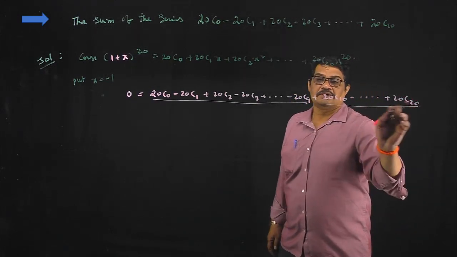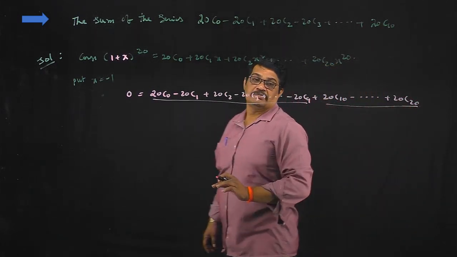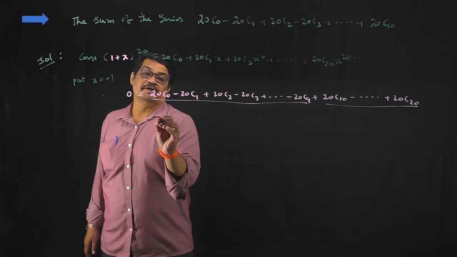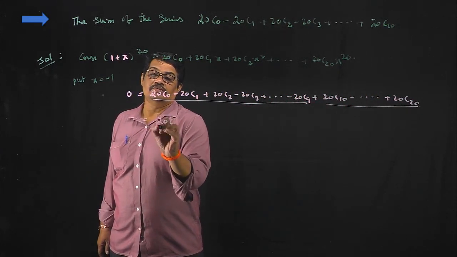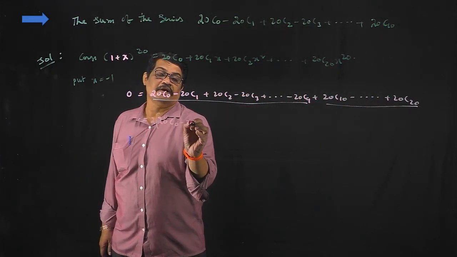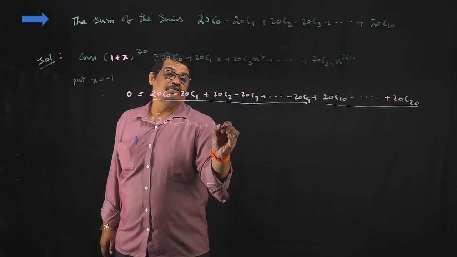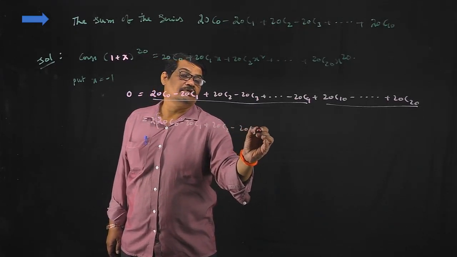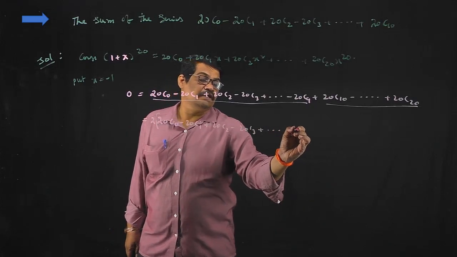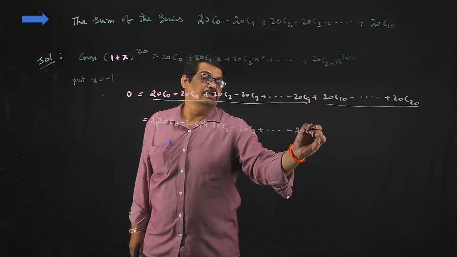Now these terms and these terms are nothing but the same. Now we write 2 times of 20C0 minus 20C1 plus 20C2 minus 20C3 and so on minus 20C9.